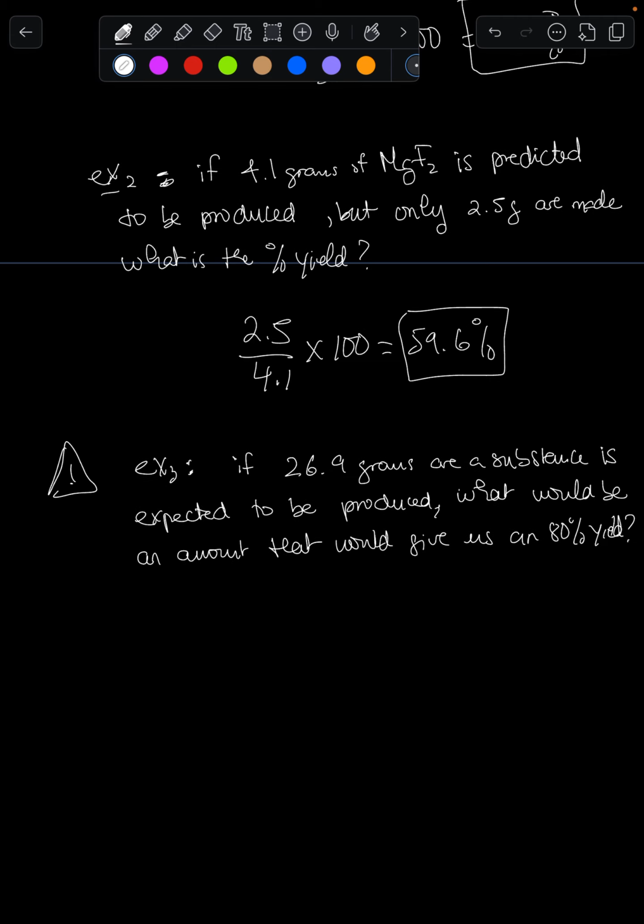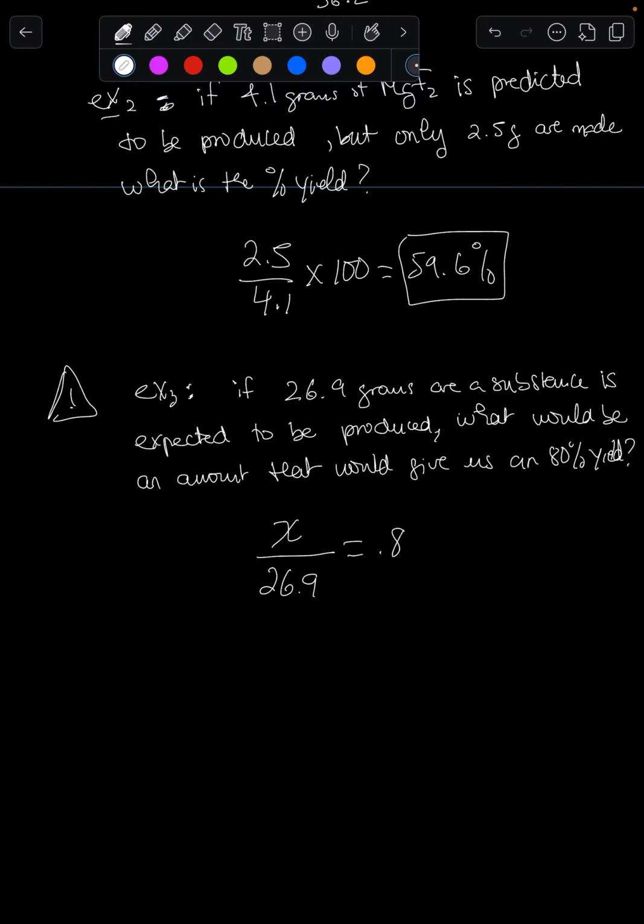So here is what I would do. So we know this is the theoretical yield. And we are trying to find x to find 80%, which is 0.8. How do I solve for x?